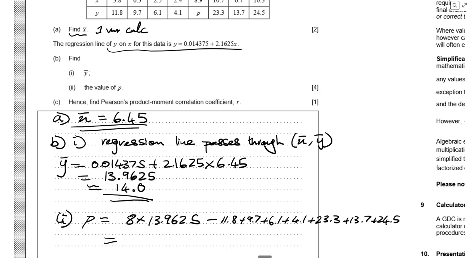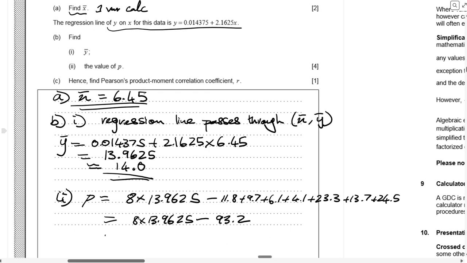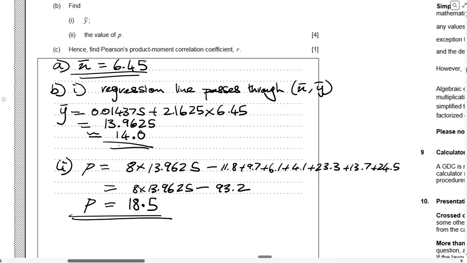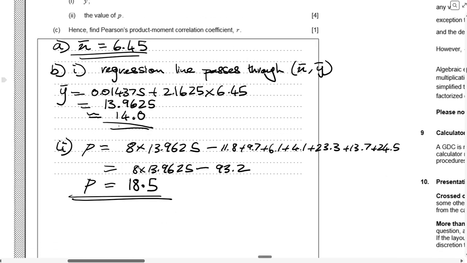And I get 93.2. So 8 times 13.9625 minus 93.2, let's calculate, 8 times 13.9625 minus answer. That is 18.5. Right, so p is equal to 18.5. That is our answer. And now we have to go for C.